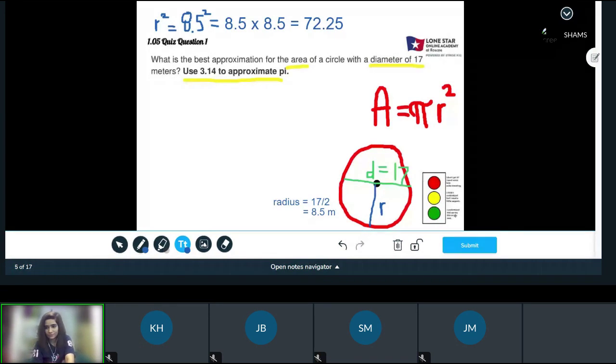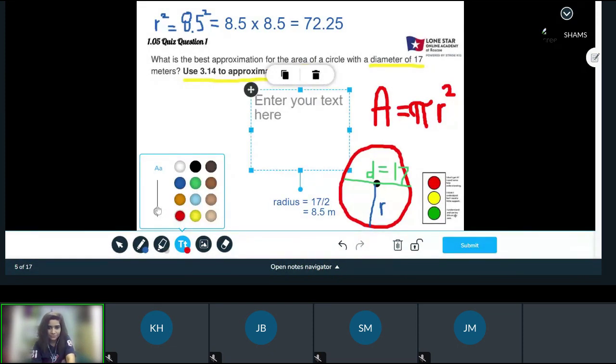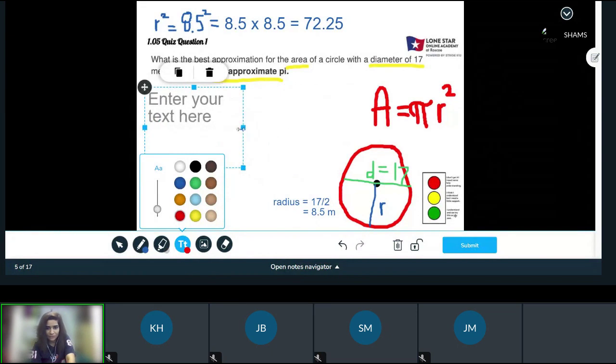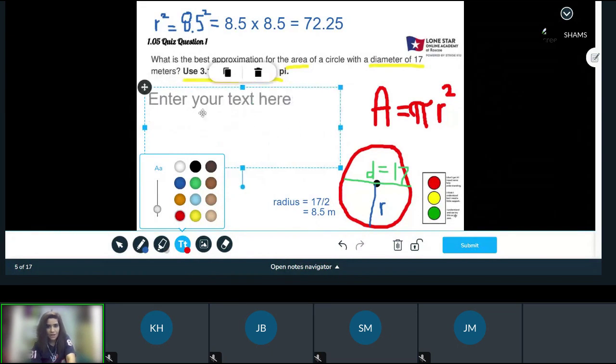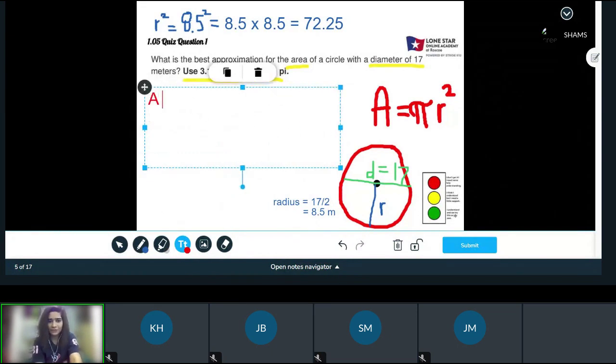Excellent. I'm going to go ahead and do the area part. I'm going to write down the formula again. Area of a circle is pi times r squared, that is 72.25.